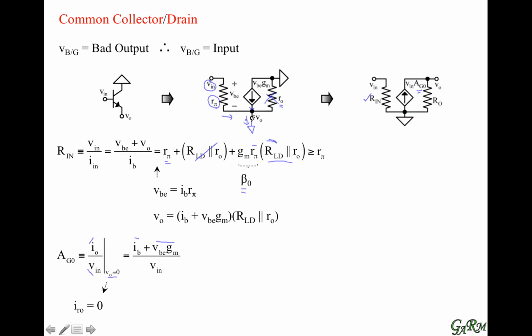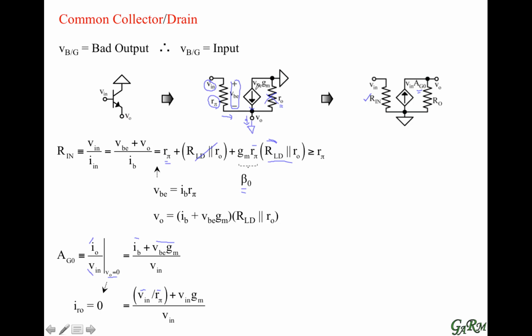And when the output voltage is grounded, the voltage across R pi is just the input voltage, because the input voltage is then connected to ground.